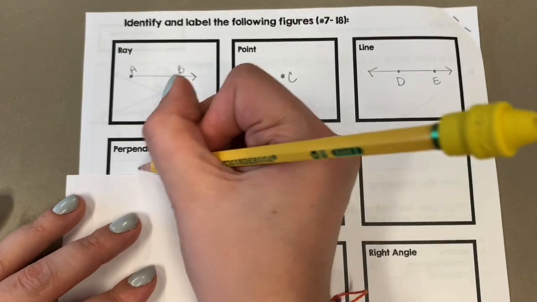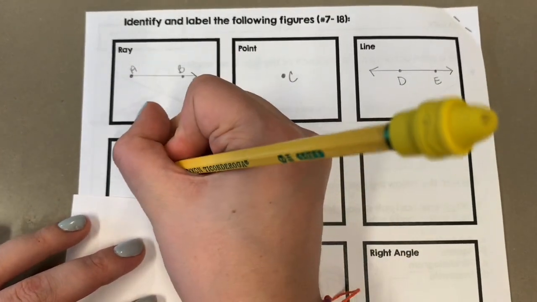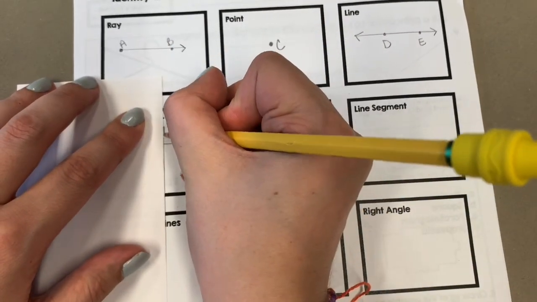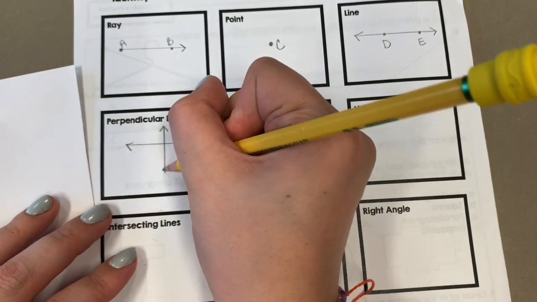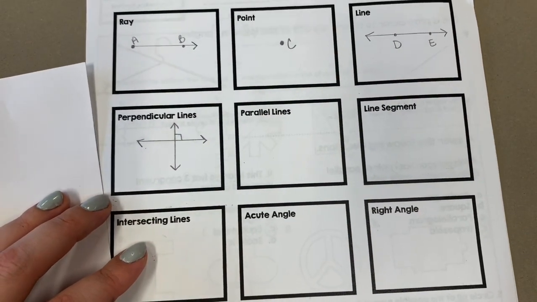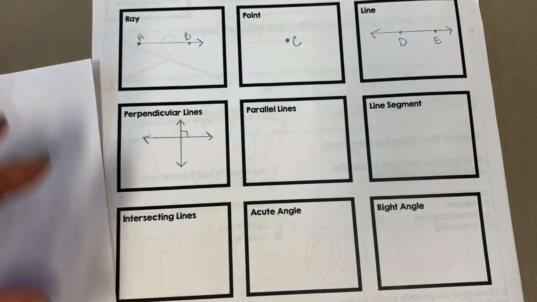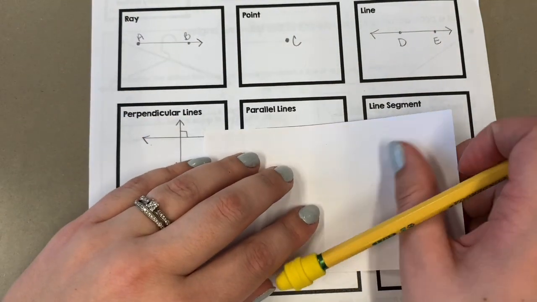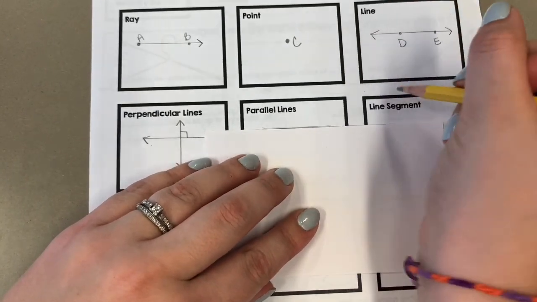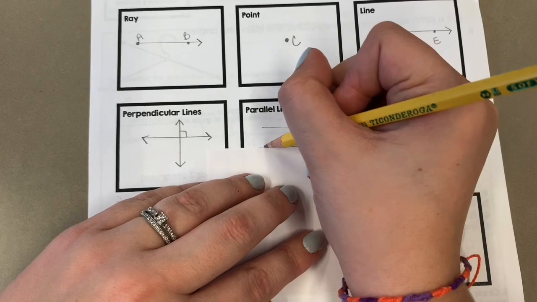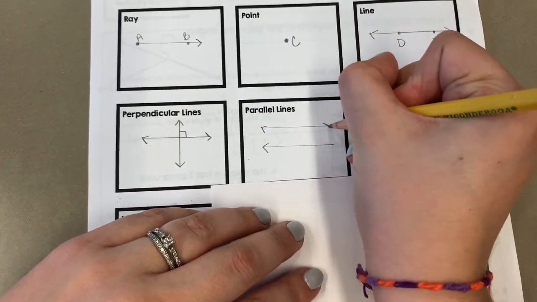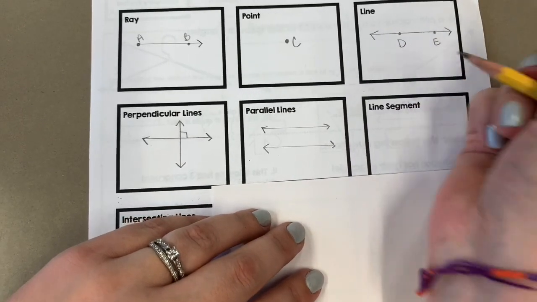So here is one of my lines, and here is my other line that intersects perfectly at 90 degrees. That is a set of perpendicular lines. Parallel lines are lines that never cross. We are never, ever, ever getting back together. Love Taylor Swift. There's those parallel lines that will never cross.